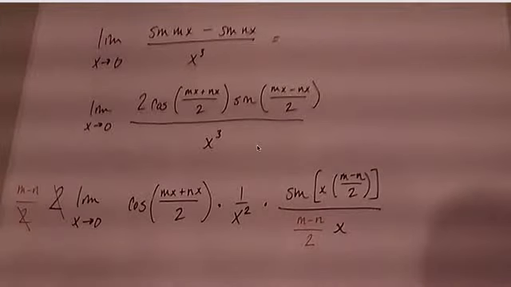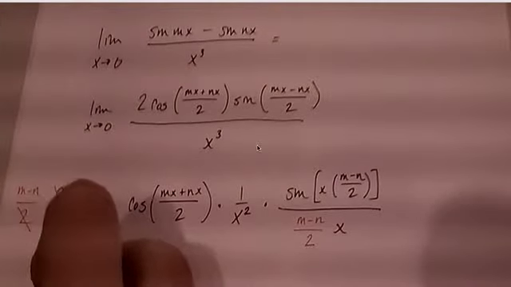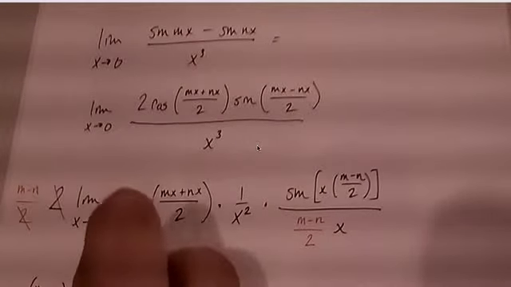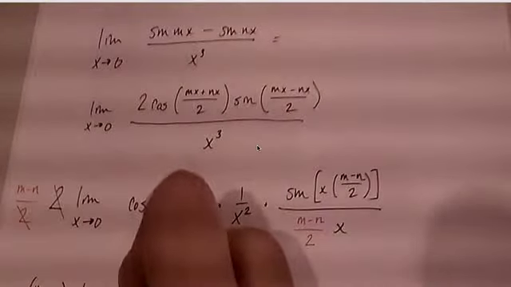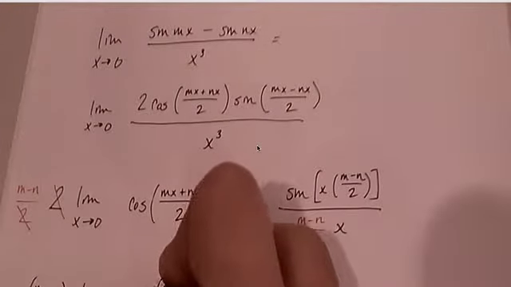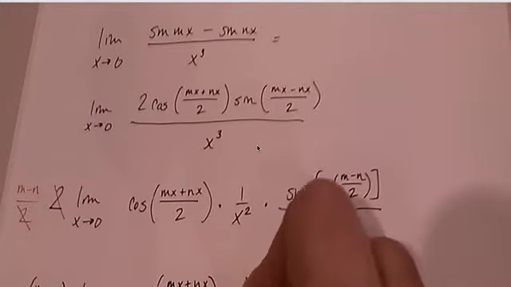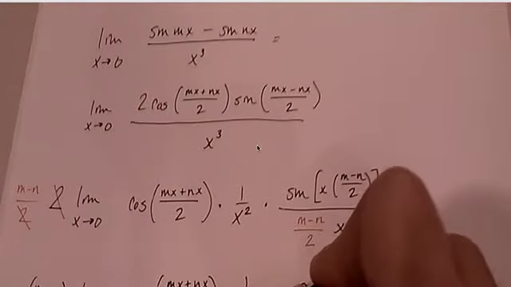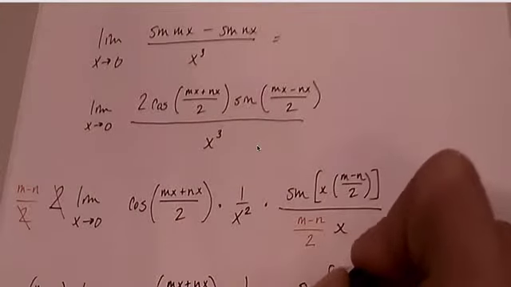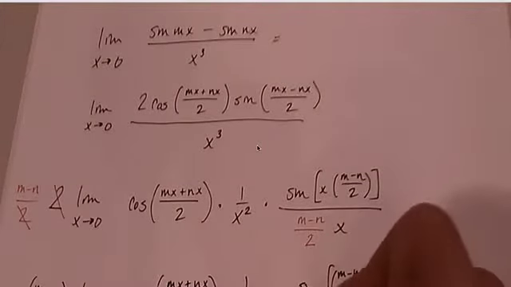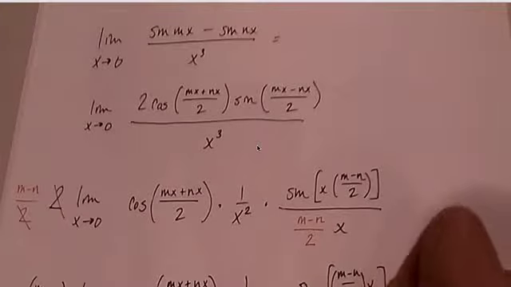And what I get here is I get m minus n times the limit as x approaches 0 of cosine mx plus nx over 2 times 1 over x squared times sine of m minus n over 2x over m minus n over 2x.